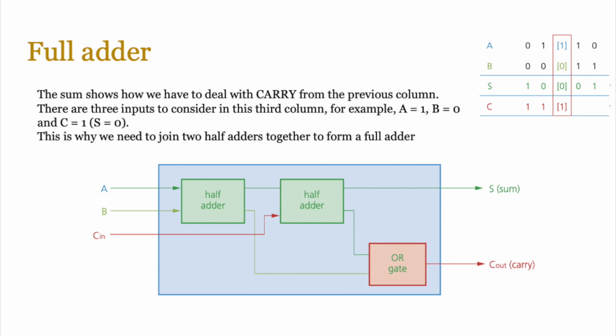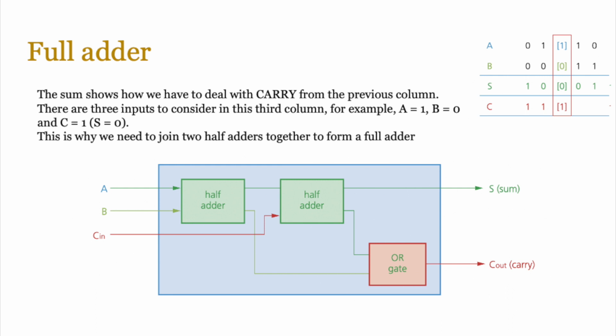Your outputs will be exactly like the ones that you see in the table in the top right hand corner. You might want to use that as a test bed. And the sum basically shows how we've got to deal with the carry from the previous column, and this mechanism could be looped, and we'll get to that when we talk about flip-flops, and that could become the input as well. So it gives you some kind of positive feedback. Now here there are obviously 3 inputs to consider in this third column.